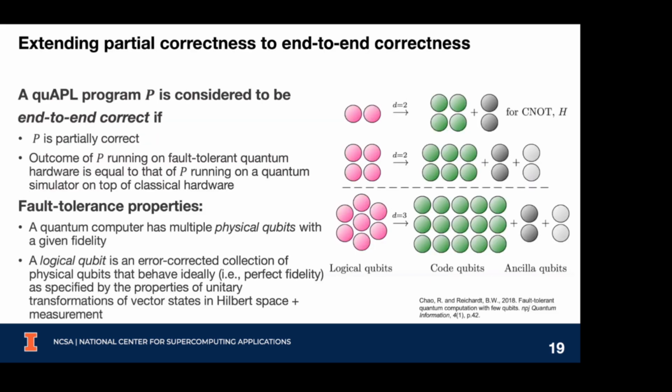So we want to extend the partial correctness to end-to-end correctness. I know that some of you will ask, why do we have two ways of correctness, partial and end-to-end?